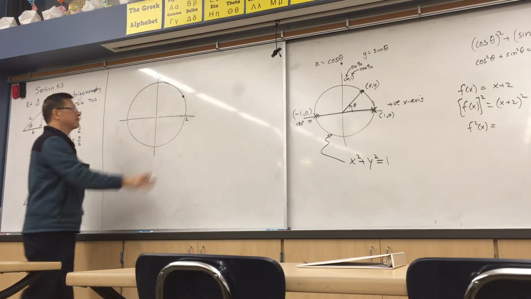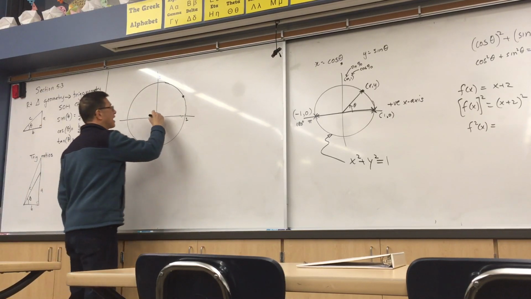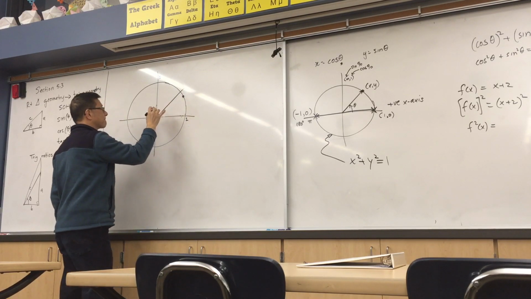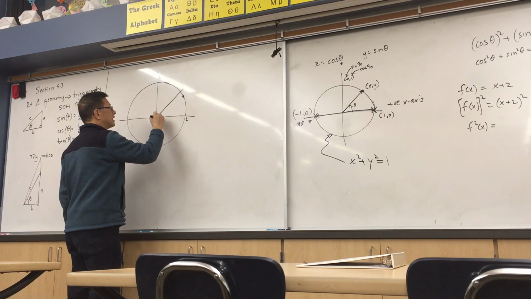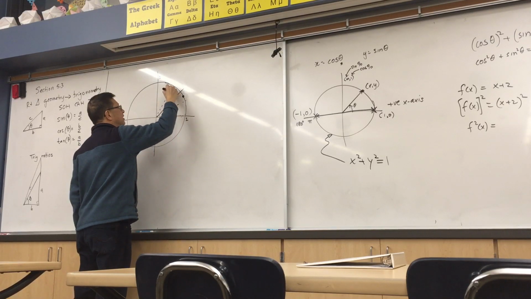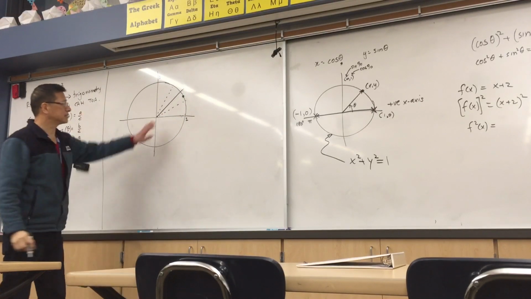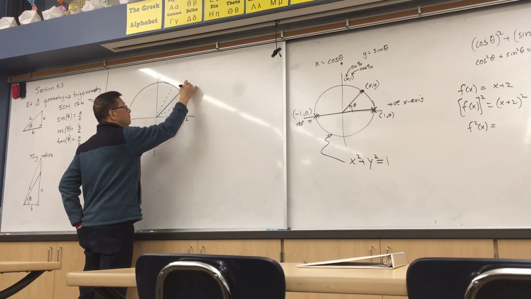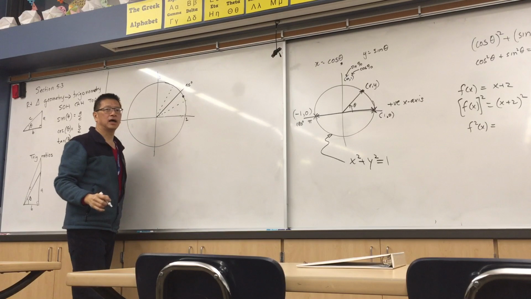So you have your unit circle. I like the idea of drawing these other ones as dotted lines, but you can do 45 degrees.